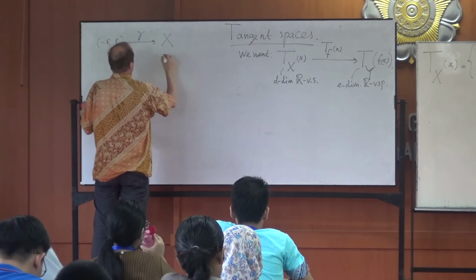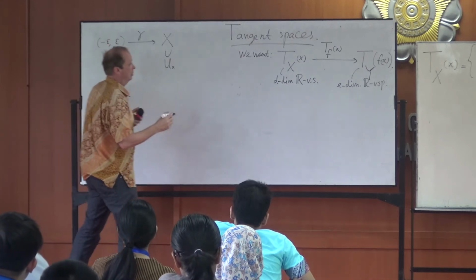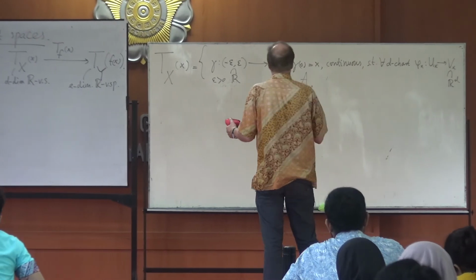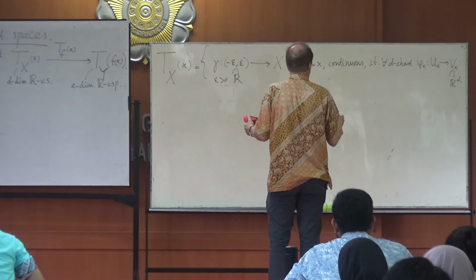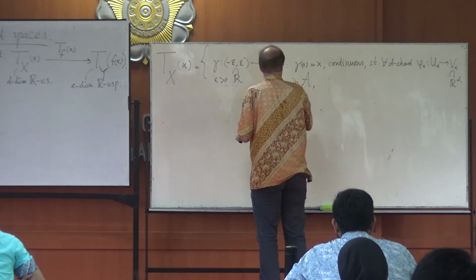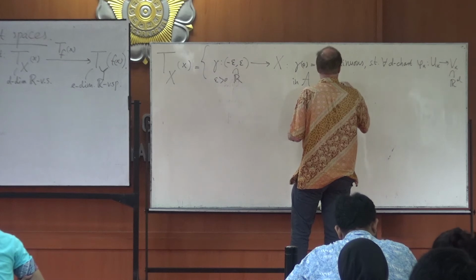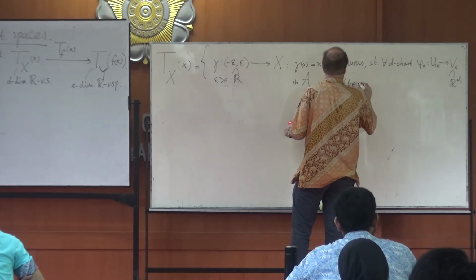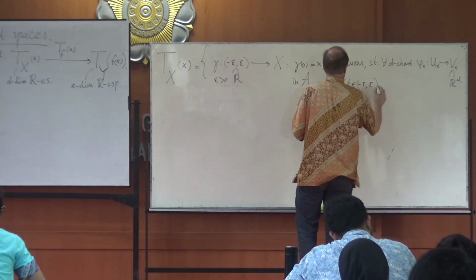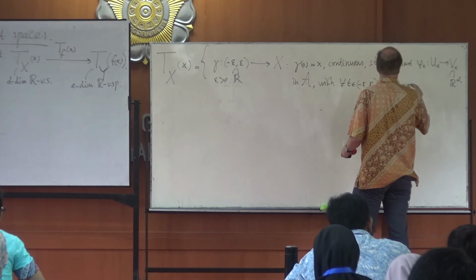And here I have a subset U_x. In A, with that interval, I want that this gamma of t is inside U_x, okay?